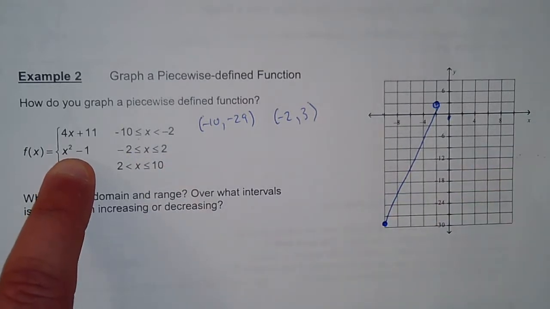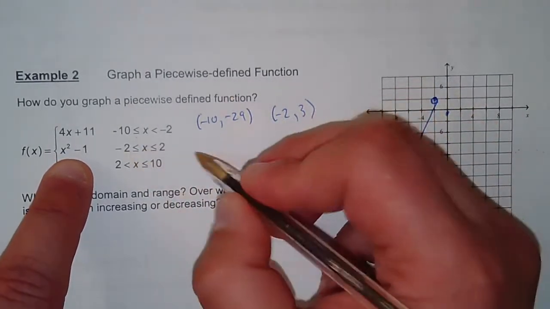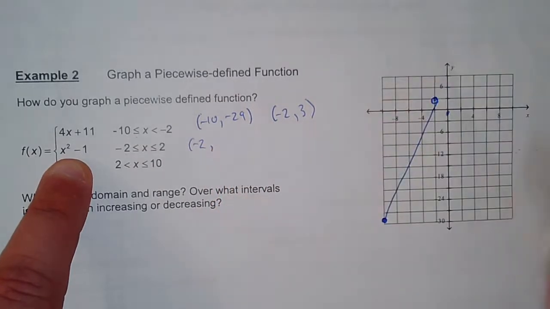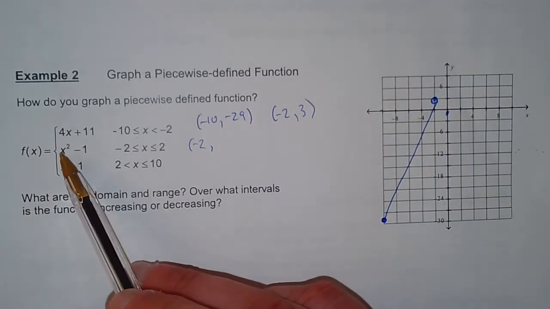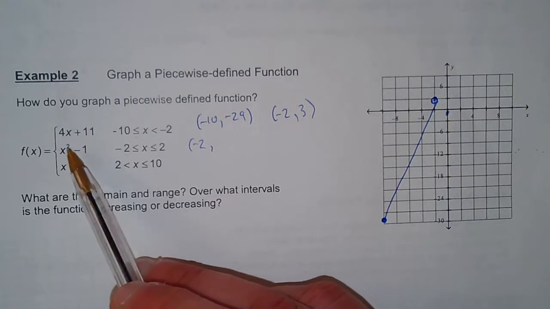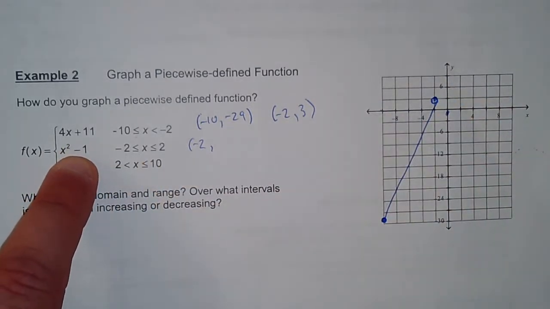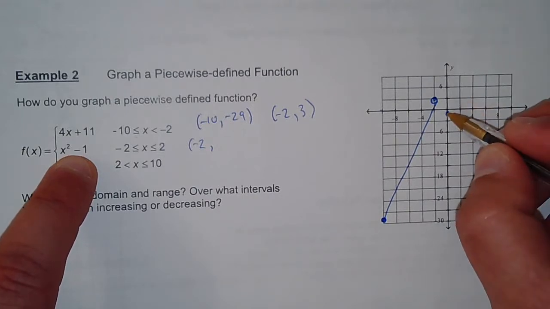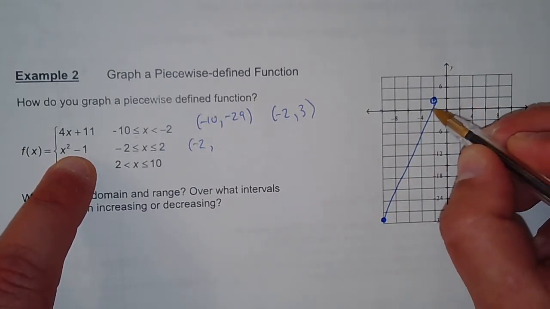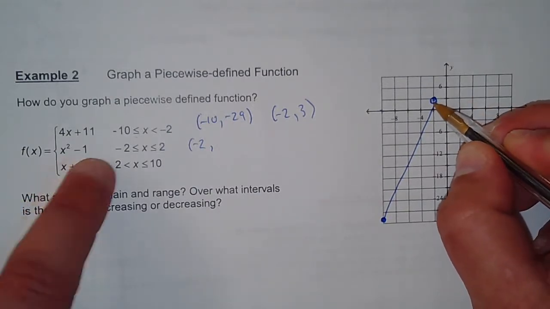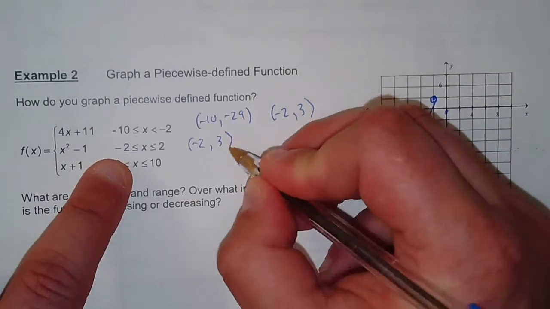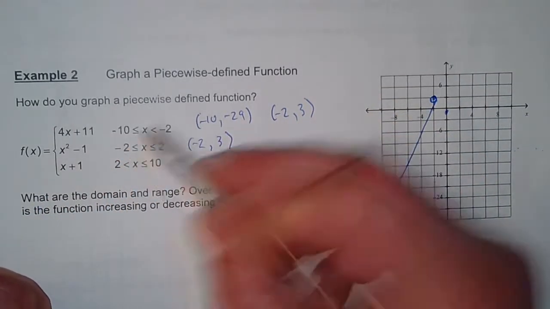So I'm going to do the same exact strategy. I know -2. If I substitute that into here, -2 squared becomes a +4. -1 becomes a 3. So that coordinate is actually going to be the same exact coordinate we already plotted. Now notice, we're going to actually be filling it in because it is an included value.